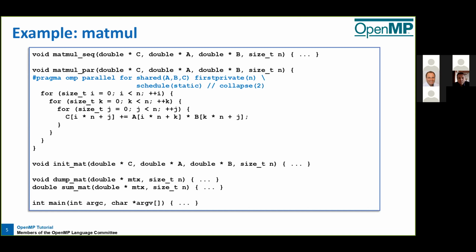So for each iteration of your outer loop, even if that one runs in parallel, you would get one barrier inside your parallel region for the work sharing construct, and that could actually add more overhead than in this simple example where we used the parallel for on the outer loop.